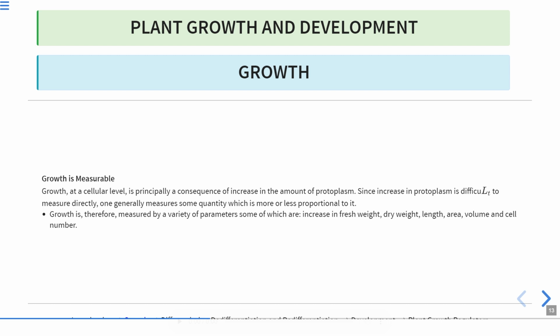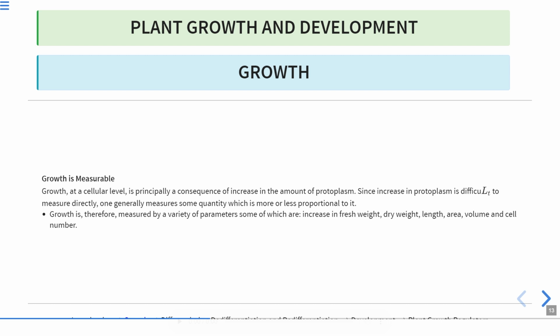You can take the weight at the earlier stage, when the cell was immature. Okay, and after the cell achieves maturity, you can take the weight of that cell again. So, increase in the fresh weight, right? Dry weight, you can also take the dry weight.